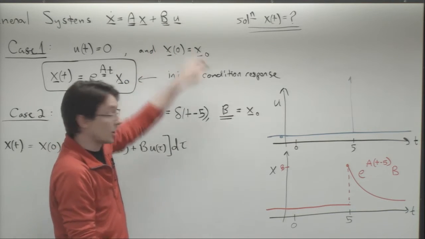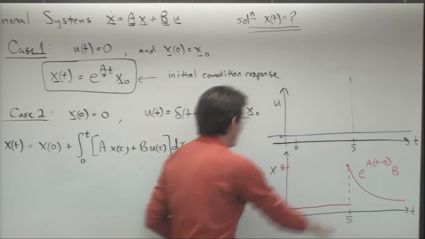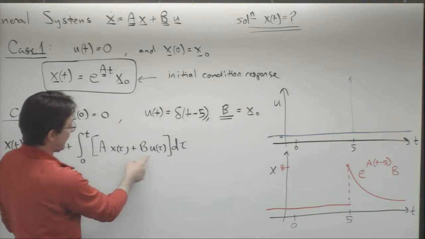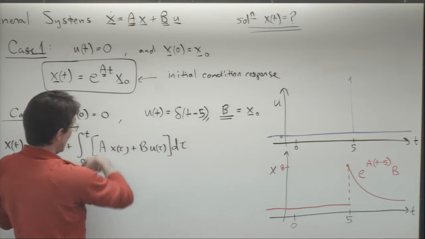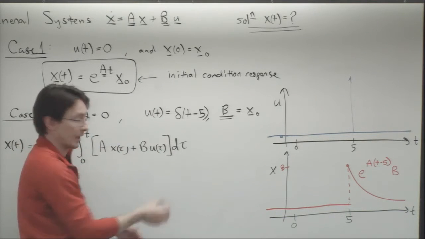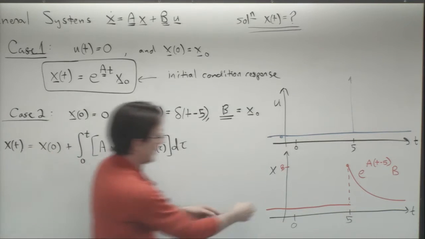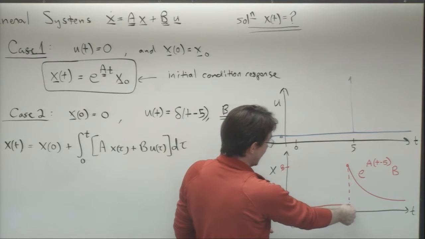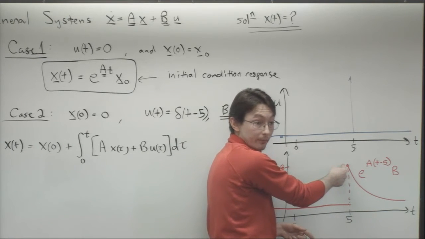So x dot's not changing until time equals 5, at which point we get this delta function in u, which integrates to 1. And since it's got this coefficient of b, it integrates to b times 1.